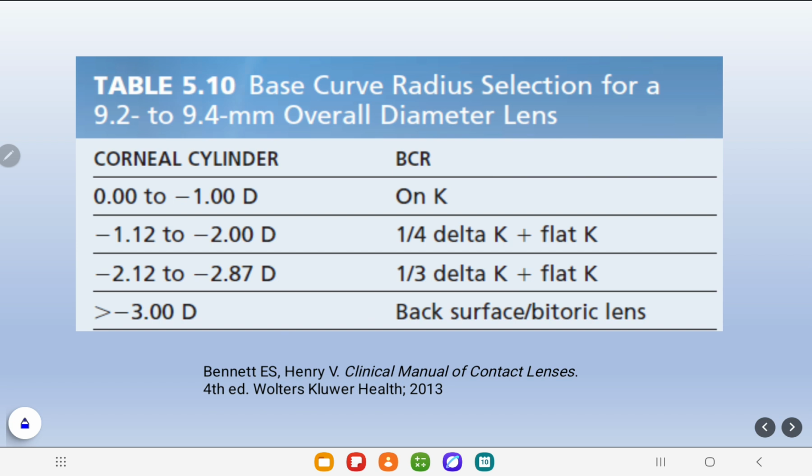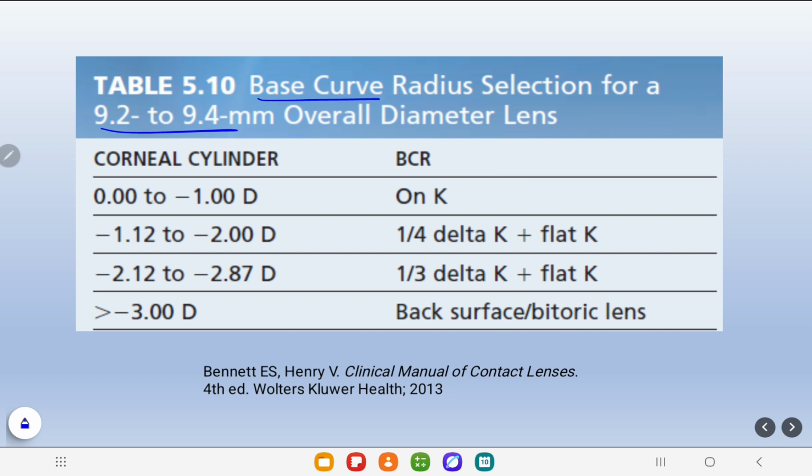And base curve radius selection, this is a very important table. I think it's one of the most important tables. I have already told you that one of the most important things you will select is definitely the base curve, BOZR. So how to select? We are talking about a 9.2 to 9.4 overall diameter lens.